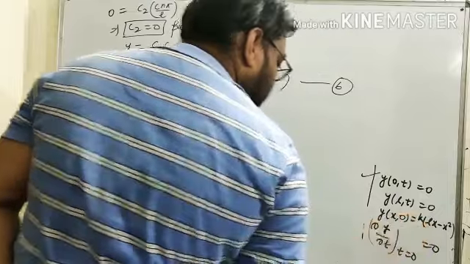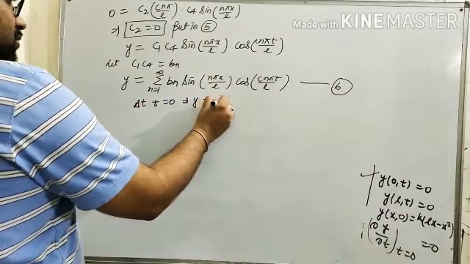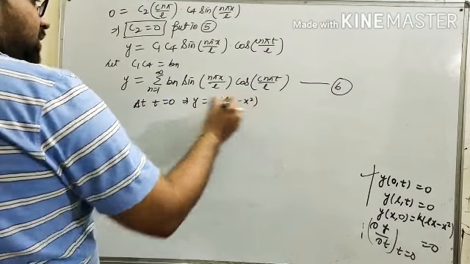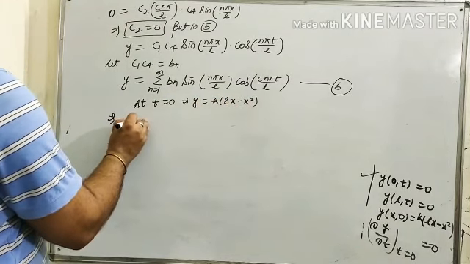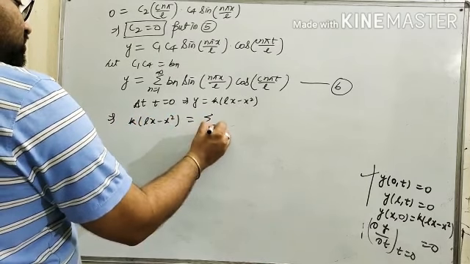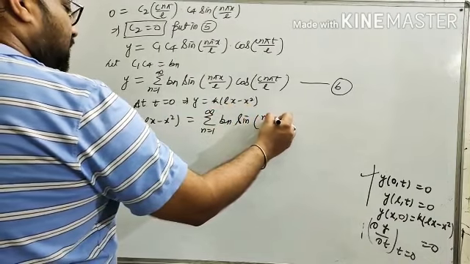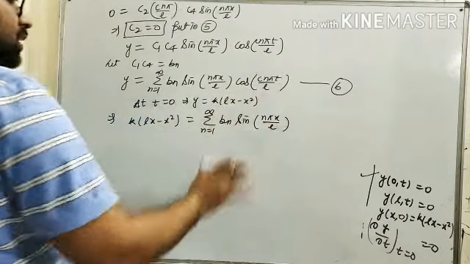This is y(x). Now at t equals 0, y equals k(Lx minus x square). So k(Lx minus x square) equals sigma n equals 1 to infinity Bn sin n pi x upon L, because cos will be 1.